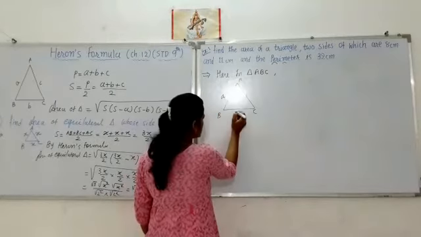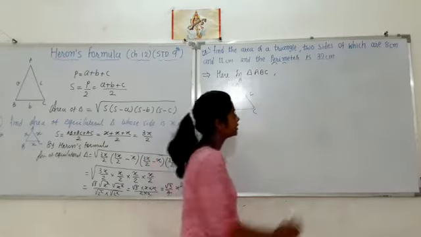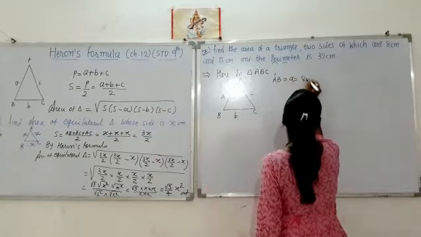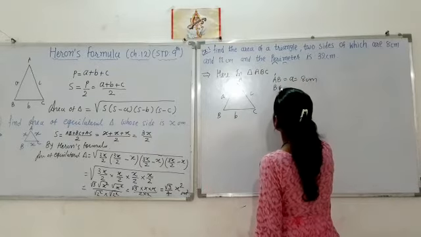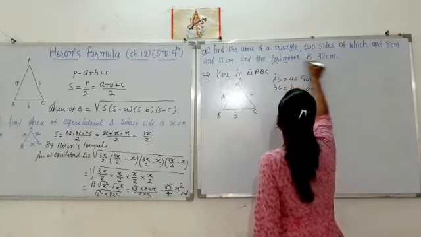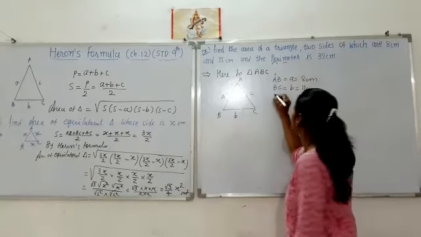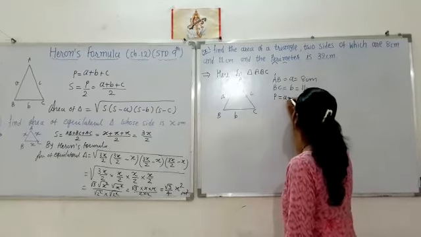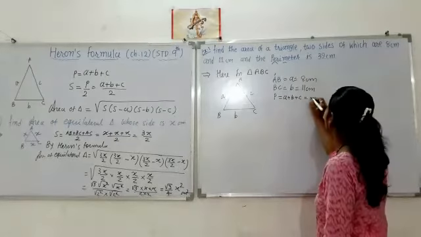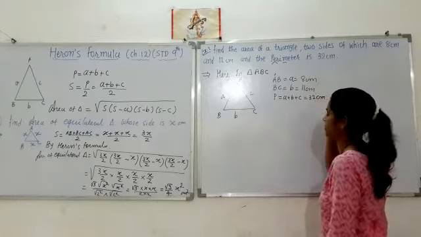I suppose this is A, this is B and this is C. So write here AB is equal to a is equal to 8 cm, BC is equal to b is equal to 11 cm, and the perimeter is given. So the perimeter is equal to a plus b plus c, the sum of all sides, which is equal to 32 cm.